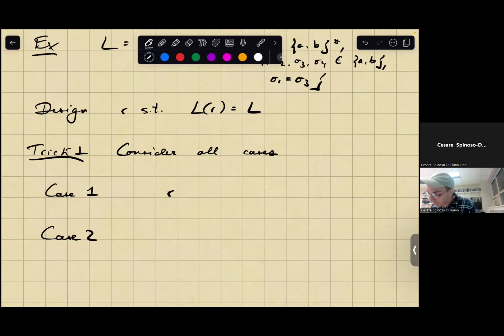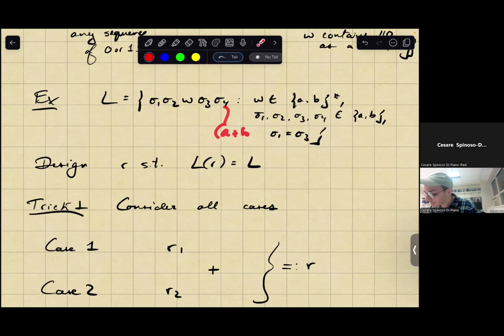Now I design the R1 for case 1. So the R1 for case 1 would be the one where sigma 1 is equal to sigma 3 is equal to A. In other words, I have an A here and I have an A here. Here I can have anything. What does having anything mean in terms of matching? It means that I can either have an A or a B. The same thing for sigma 4.